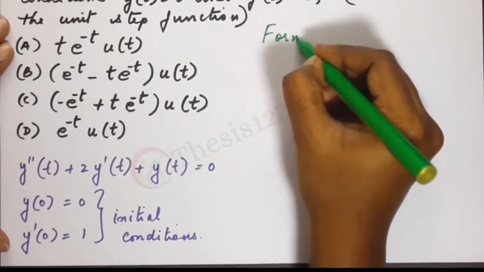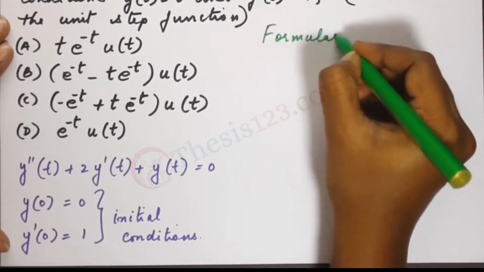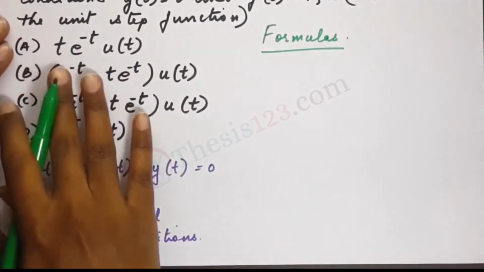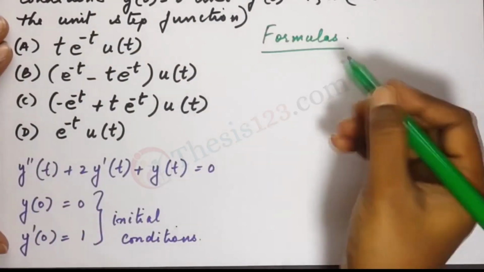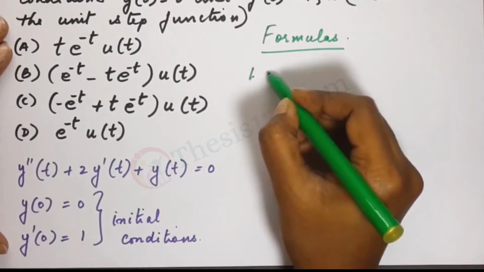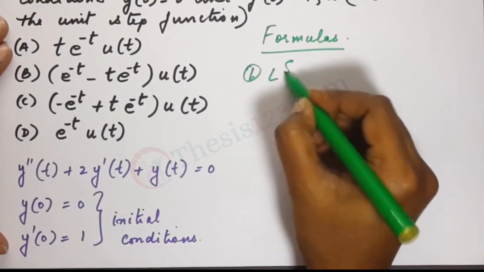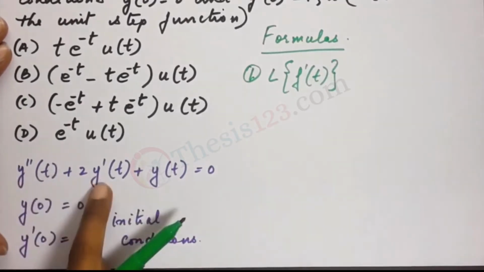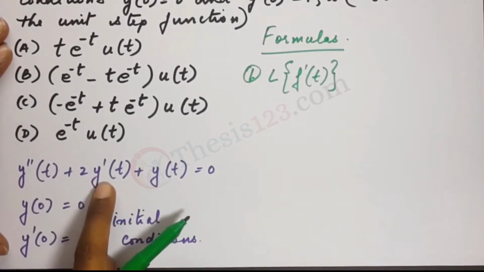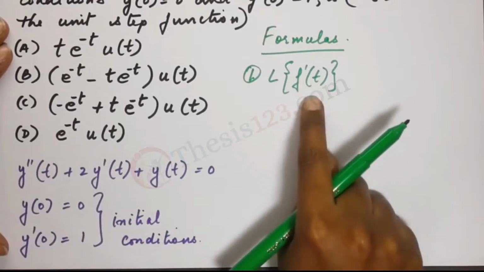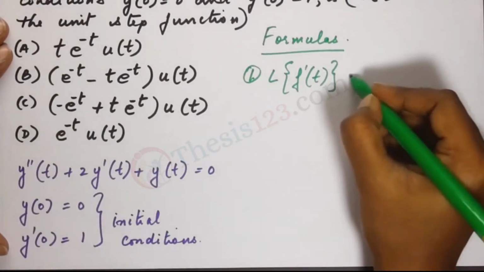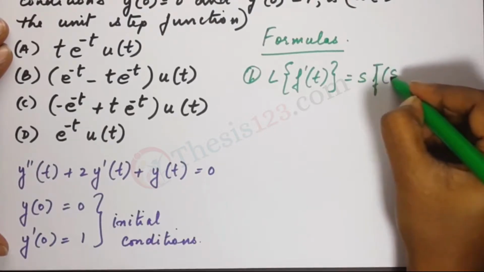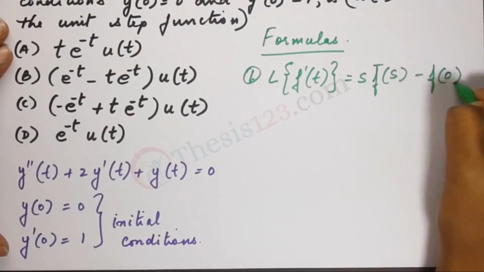To give you a review, I'm going to write down only the formulas that we'll be using for this equation. The first one is the Laplace of f dash of t. Since we are dealing with a differential equation, we have both first derivative and second derivative. The Laplace of the first derivative is s F(s) minus f of 0.